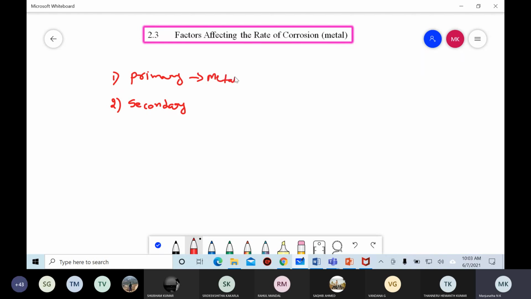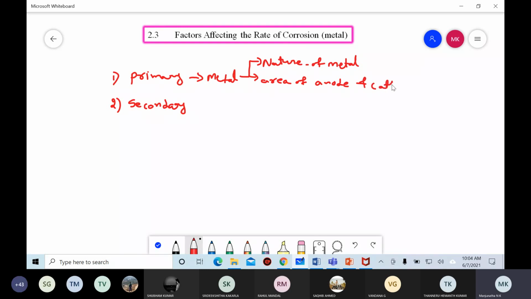There are some factors due to the metal which affect the rate of corrosion. The first one is the nature of the metal. Another one is the area of the anode and cathode.